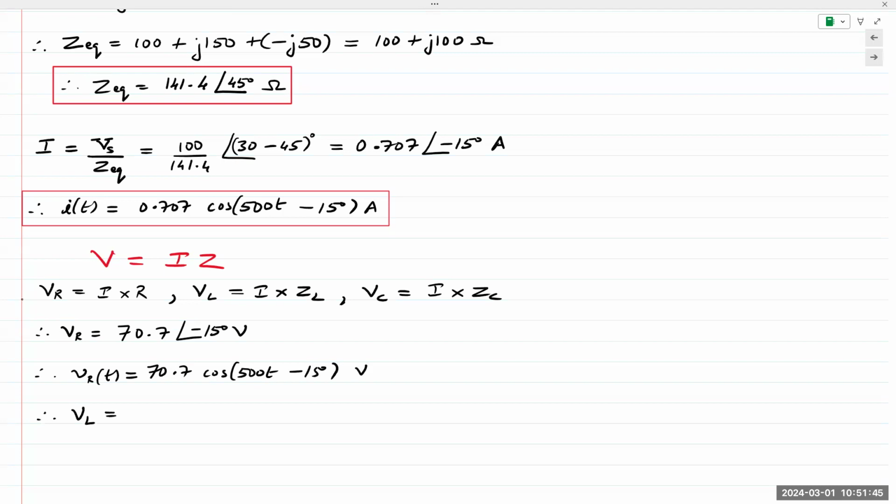VL is 106.08, so VL of t is 106.08 cos of 500t plus 75.